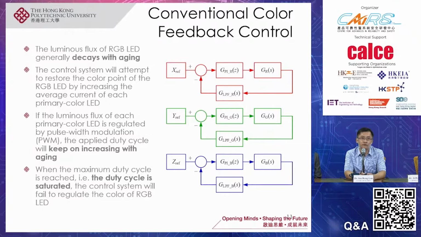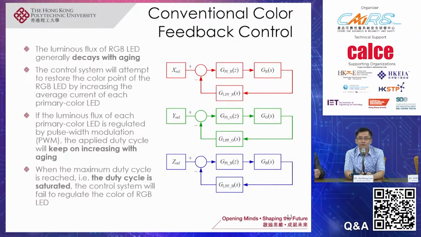If we control the current or power delivered to the LED using pulse width modulation, the duty cycle of the pulse width will have to be increased to compensate for the decaying luminous flux. But there's a limit, because we cannot increase the duty cycle indefinitely. Up to a certain point, the duty cycle will saturate. That is the maximum conduction time it can have.